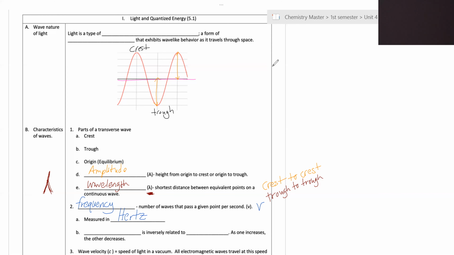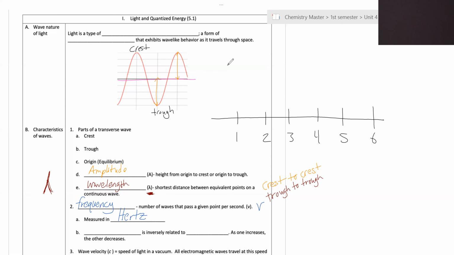I'm going to show you what I mean by frequency. Let's say that we had a wave, and let's say it was on a graph measured in time. Here's the x-axis. Let's say this is 1 second, then 2 seconds, 3, 4, 5, 6.